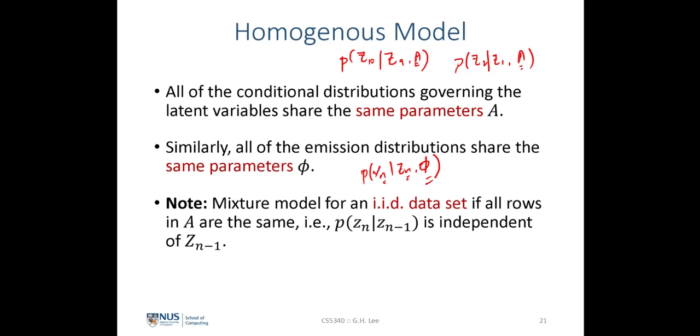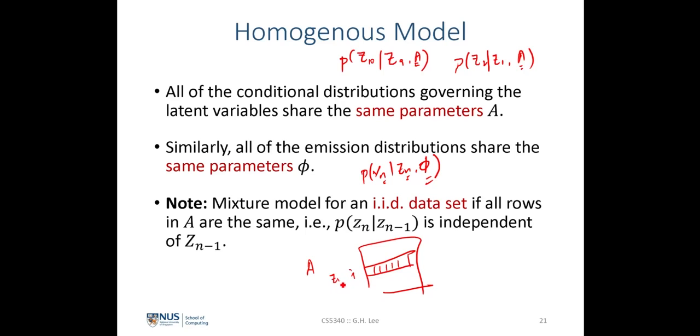Now what's interesting here is that if the state transition matrix A has all the entries in the rows the same, it means that all the latent random variables are going to be independent of each other. Suppose that this is the i-th row over here.